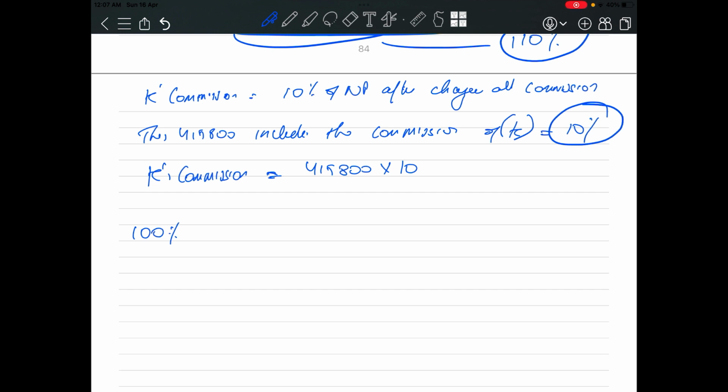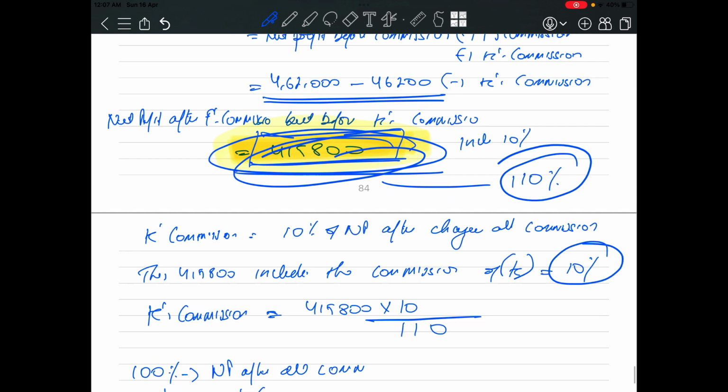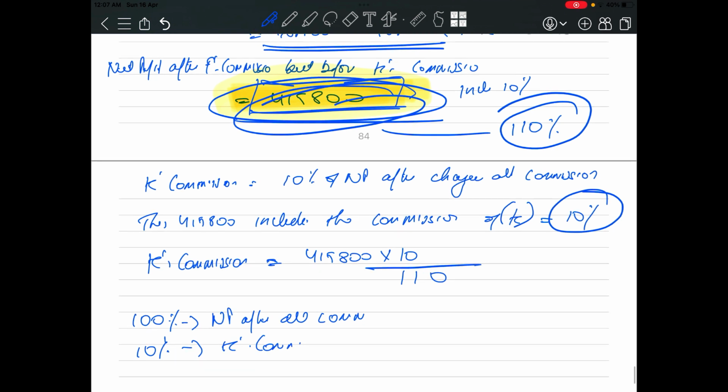Out of this, 100% is the net profit after all commission, and 10% is K's commission. So this is 110% out of 100%, and it includes K's commission as well. In this way we can find out K's commission: 37,800. So this is the value of K's commission.